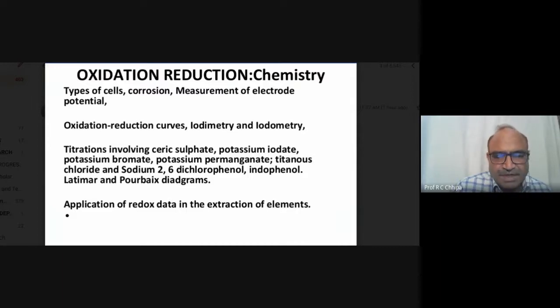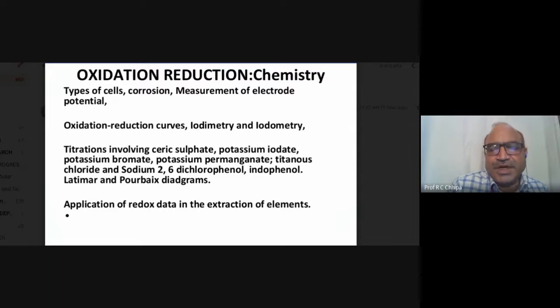Here, application of redox data in extraction is also covered: how metals are extracted from naturally occurring minerals and ores. The simple example is how we get iron. Iron can be obtained from minerals and ores, from metal oxides like iron oxide.